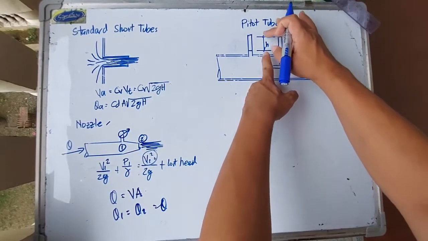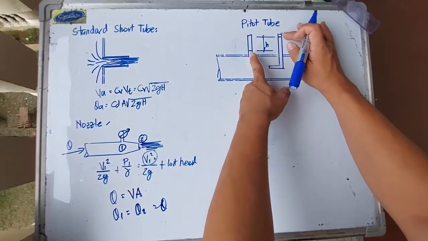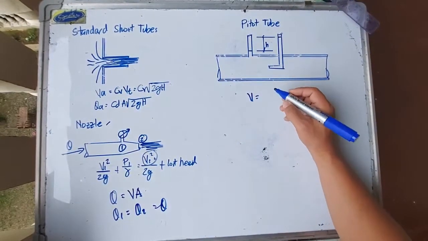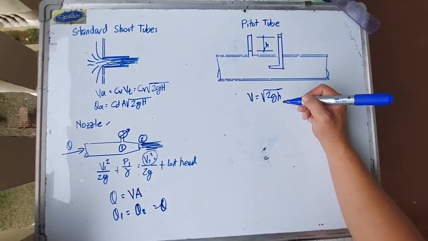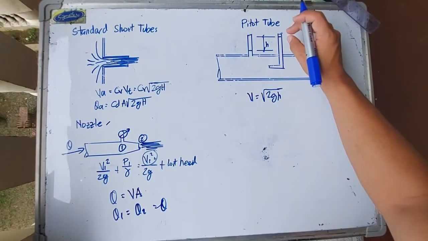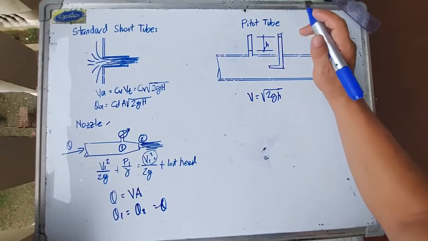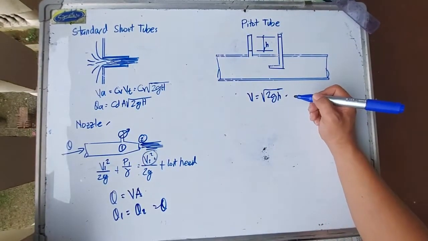So the difference in elevation between these two, let's say h. The velocity is equal to the square root of 2gh. That increase in height is what we call the velocity head. So we can solve for the velocity using this formula.